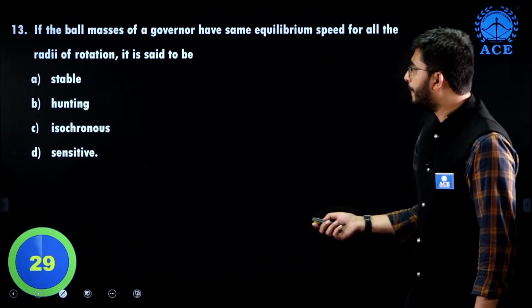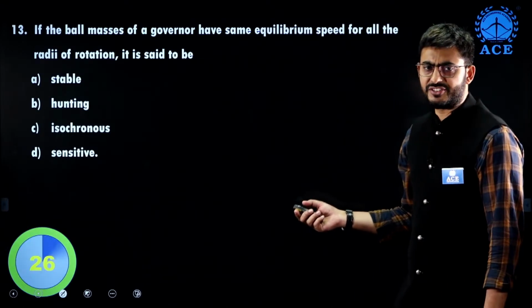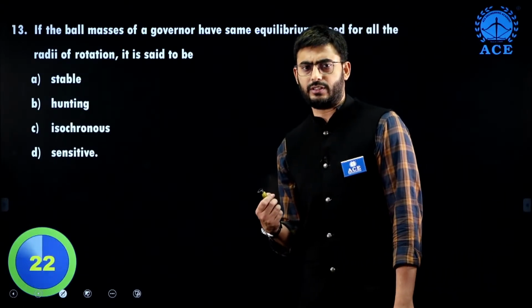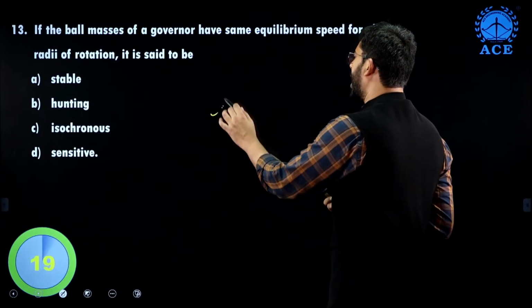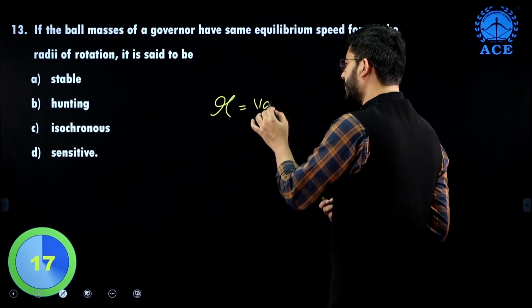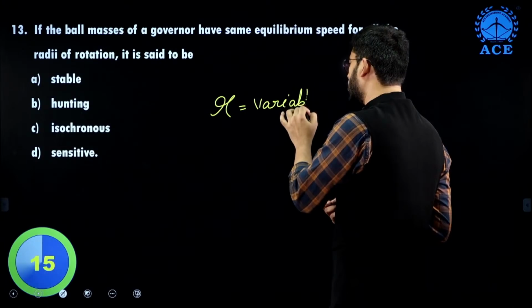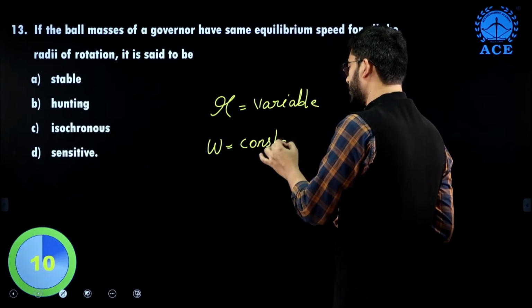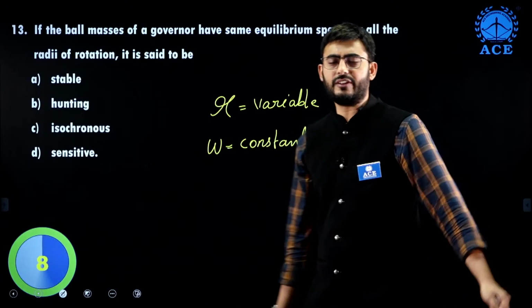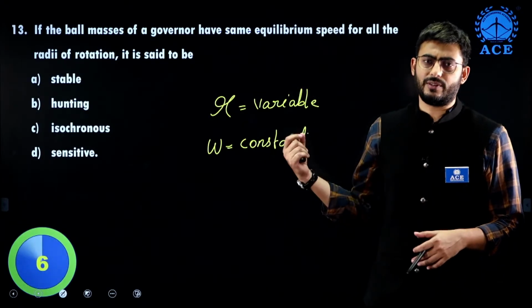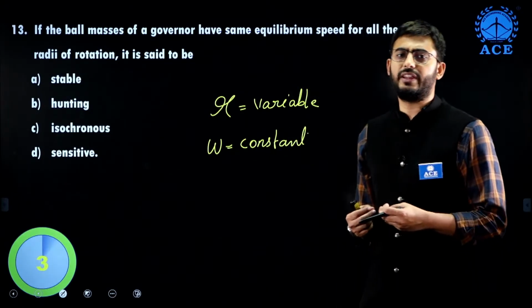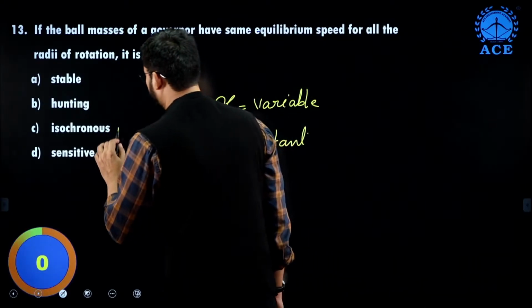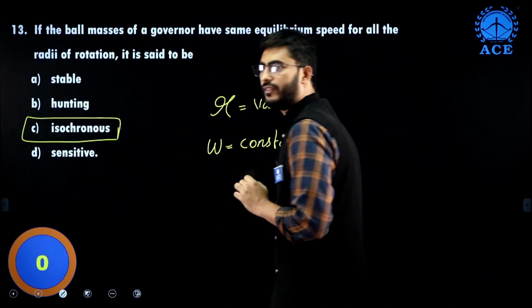Next one, if the ball masses of the governor have the same equilibrium speed for all the radii of rotation, which means that r is variable but omega is constant. The speed of the governor is unaffected irrespective of whatever the radius is. This kind of behavior, or such a type of governor, is called an isochronous governor.